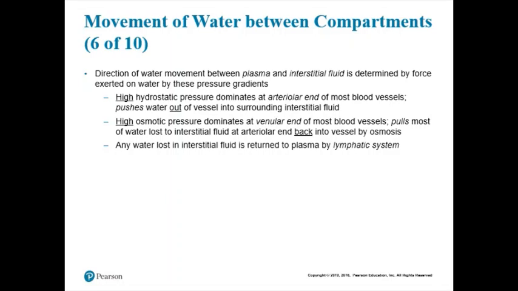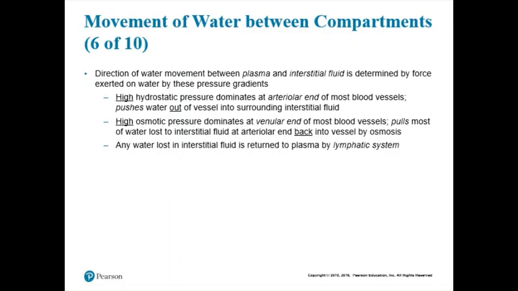This movement is going to be really based off those pressures, hydrostatic pressures and osmotic pressures. And remember, plasma is part of your blood. So we're really talking about moving liquids between your blood and blood vessels and the environment around the cells, the interstitial fluid. You know this. Think about the glomerulus in the kidney.